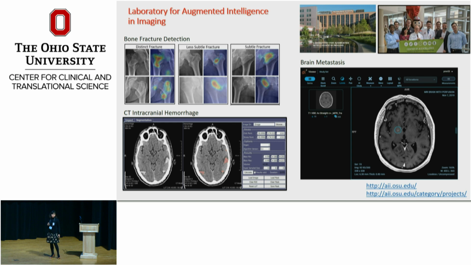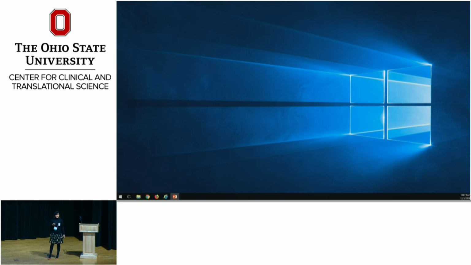And these are the other projects that my colleagues are working on. This is, for example, very interesting. It not only classifies the X-rays, it also detects the bone fracture location, as well as provides the severity of that fracture. This is also another interesting project, brain metastasis.